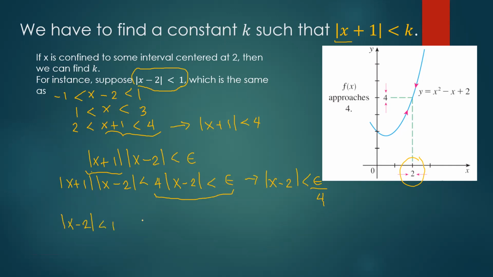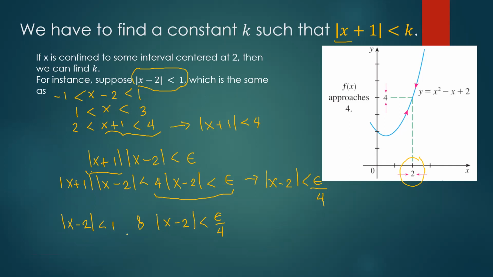Pwede siyang less than 1, and absolute value of x minus 2 is less than epsilon over 4. So, ibig sabihin, ito yung delta natin. Kasi, remember, absolute value of x minus 2 is less than delta. Yun yung kanina nating nasa template natin.